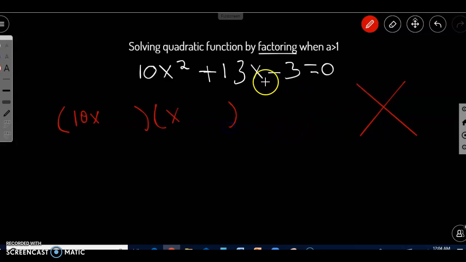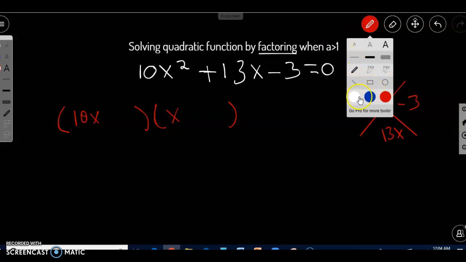So in the factors of -3 will be 1 and -3, and you have to add up. When we multiply with all that, you have to add up to give us 13x here.